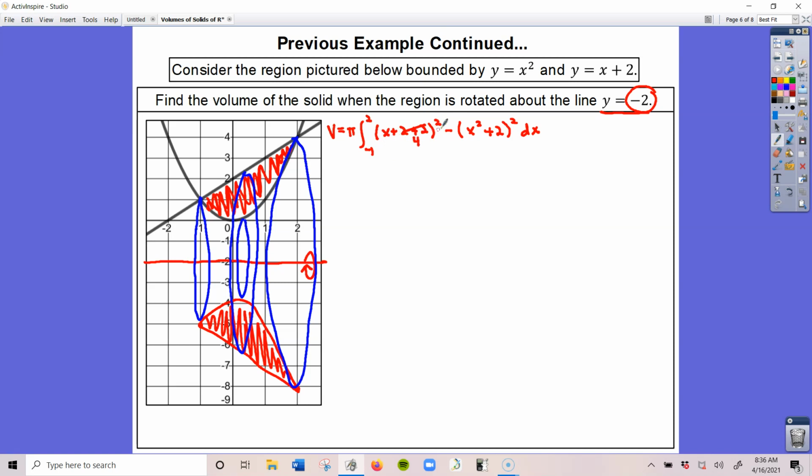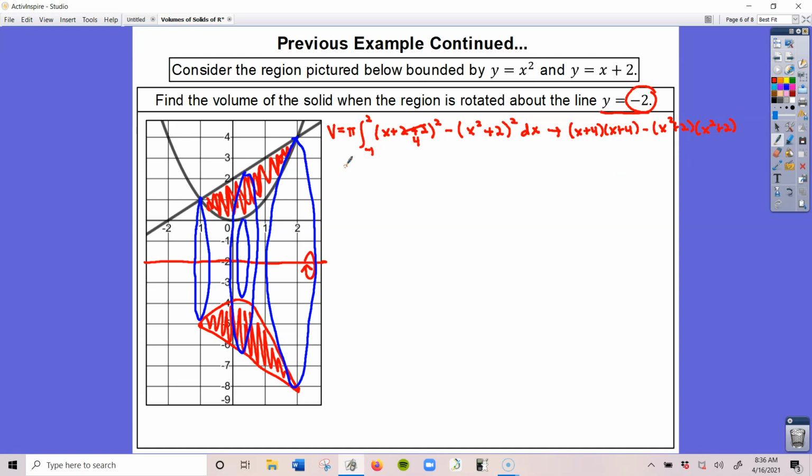And I'll need to distribute everything. So that's what we're going to start off by doing. We're going to do the x plus 4 times x plus 4 minus x squared plus 2 times x squared plus 2. So let's distribute.